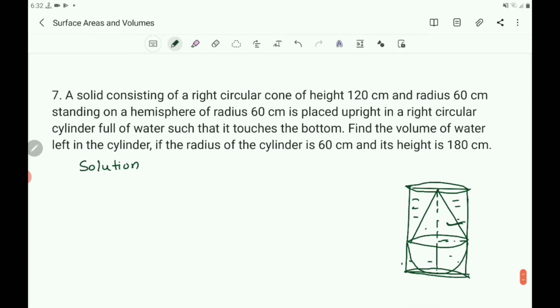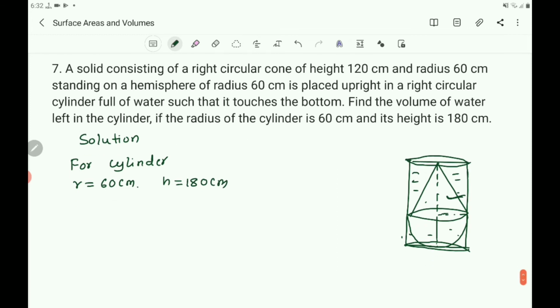First you take the cylinder. The radius of the cylinder is 60 centimeter and height is 180 centimeter. So write for the cylinder, radius R is equal to 60 centimeter and H is 180 centimeter. Then you get the volume of the cylinder, or otherwise let us take it in combined form.